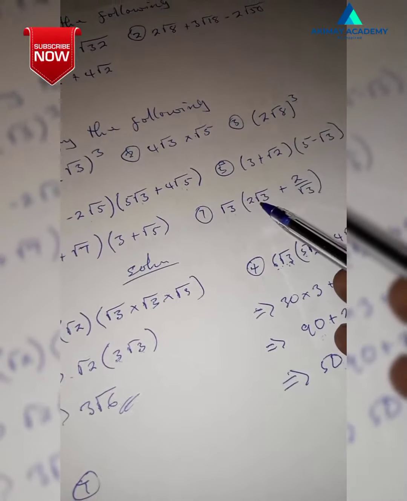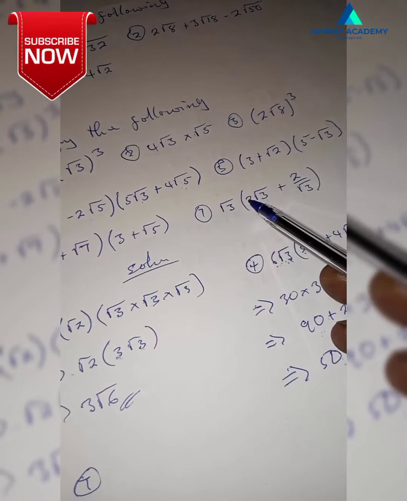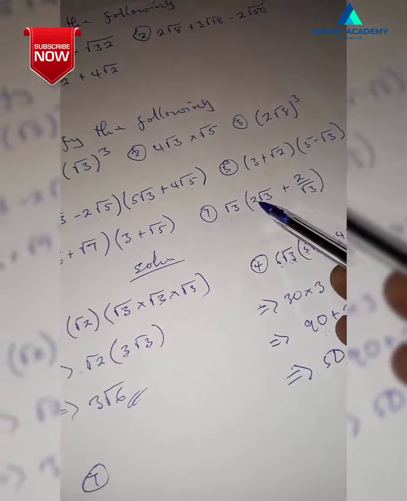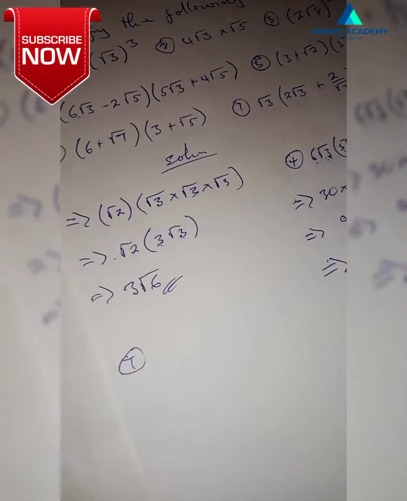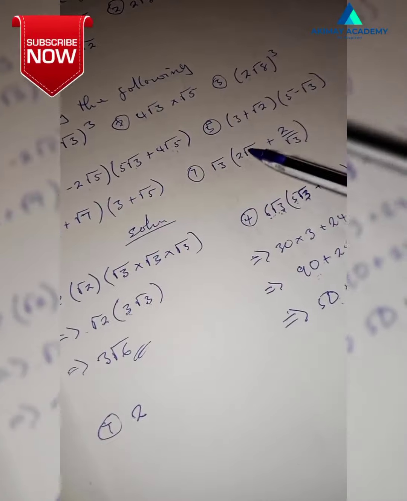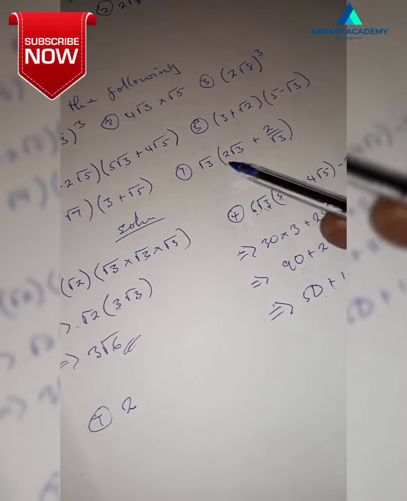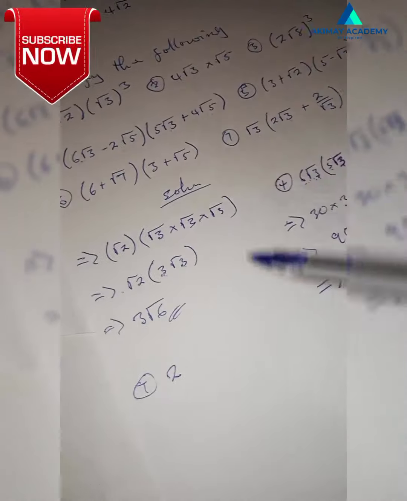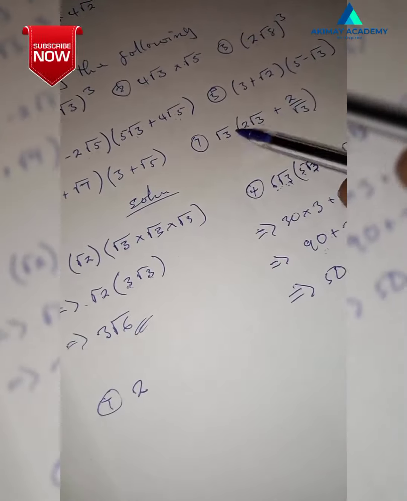As I just stated, we multiply the rational by the rational, then the irrational by the irrational. So 1 times 2, we have 2. Then we have root 3 times root 3.